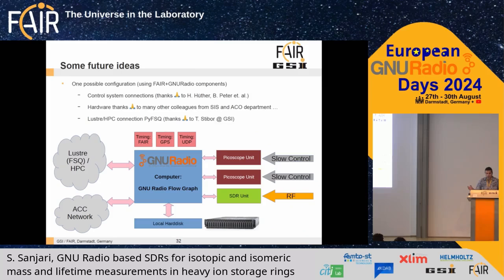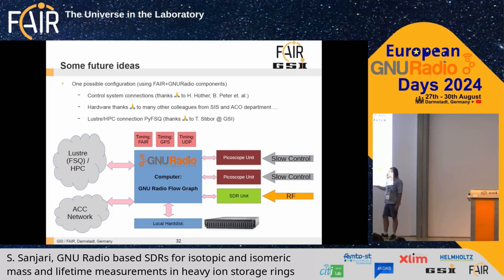So, future ideas. What we want is one computer which runs one GNU Radio flow graph. It can have the timing connection to FAIR, the GPS connection, and of course the connection to the high performance computing of GSI, thanks to Thomas Stibo and other people, where we can continuously throw data right into the Lustre.